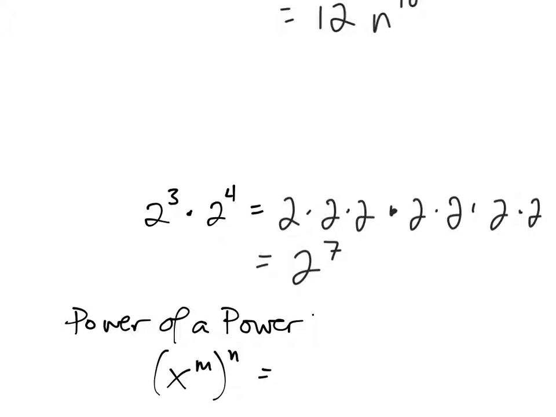And then we're going to take that whole thing and raise it to the power of n. Okay. So if you raise x to the m to the nth power, you get the following answer. You get x to the m times n power.